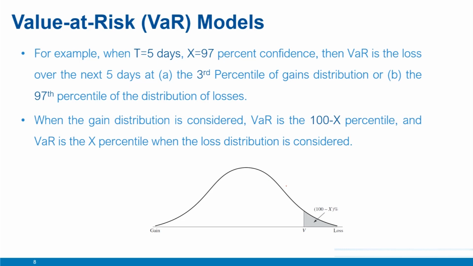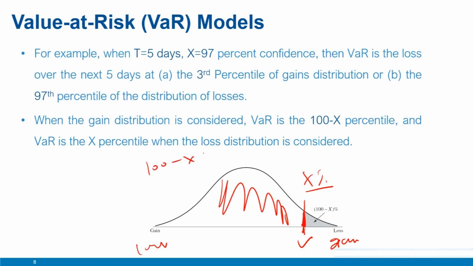We said that on a loss distribution, we look at the right side, and if we want to be, let's say, X% certain, then we look at the cutoff point as the X percentile, which gives us the cumulative probability on the left side. And this X percentile becomes the cutoff to estimate the VaR V on the right side. While when we are looking at the gains distribution, where the gain side is the right side and the loss side is the left side, then if you want to be X% certain, we look at the 100 minus X percentile on the left side, which is the loss side.